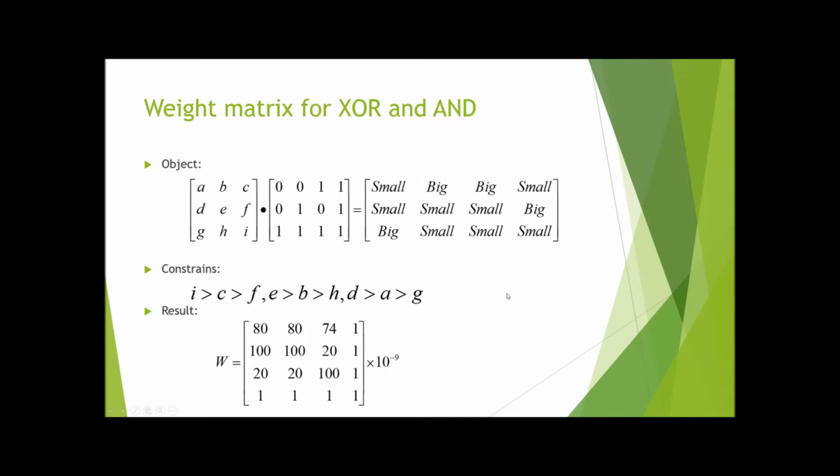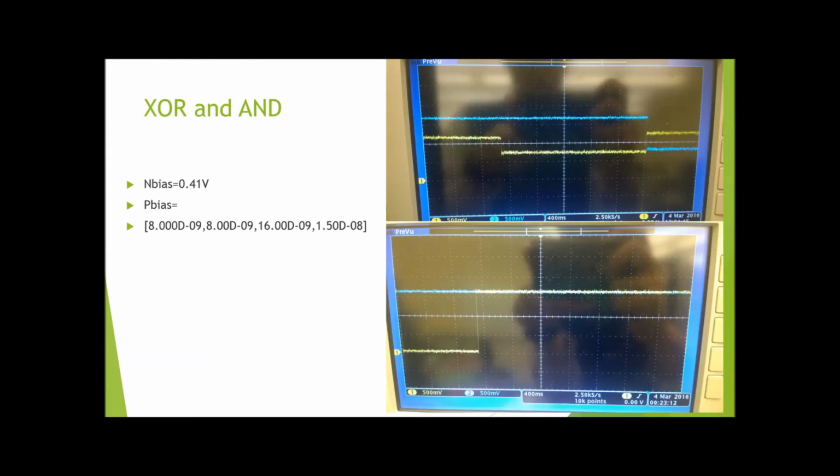We do an experiment for this matrix. Obviously, it didn't work out perfectly in the first place because we need to further adjust the P-bias current. So this is our final result, which is XOR and AND for channel 1 and channel 2.